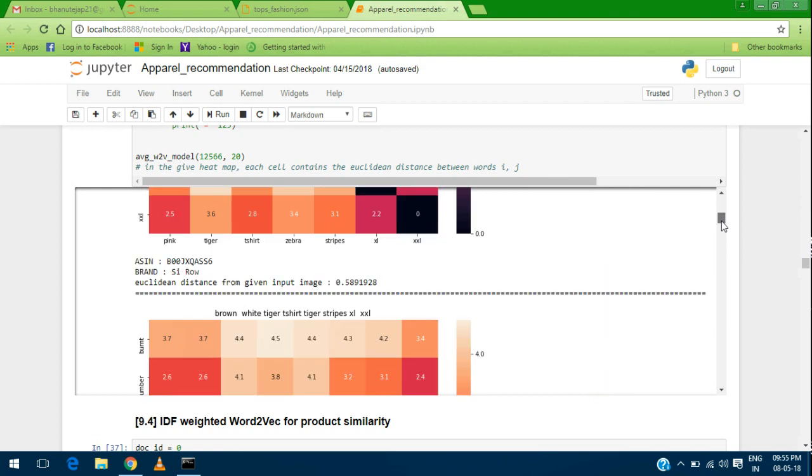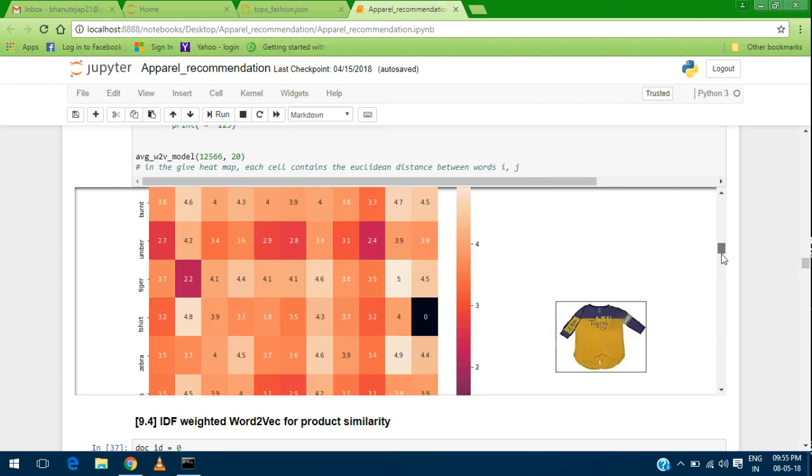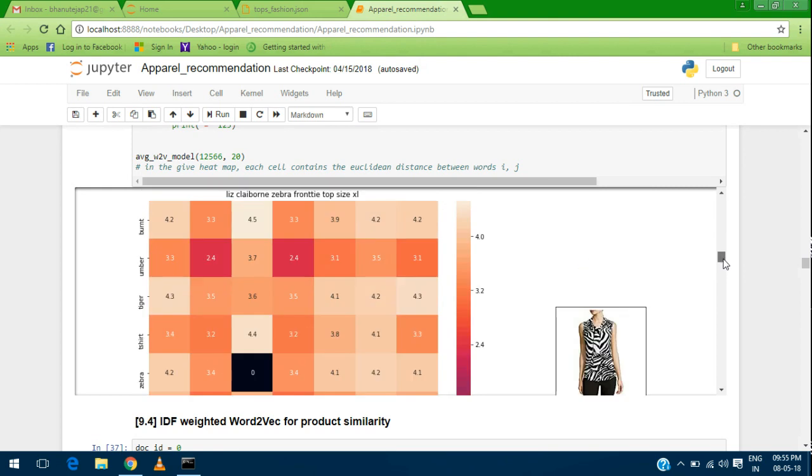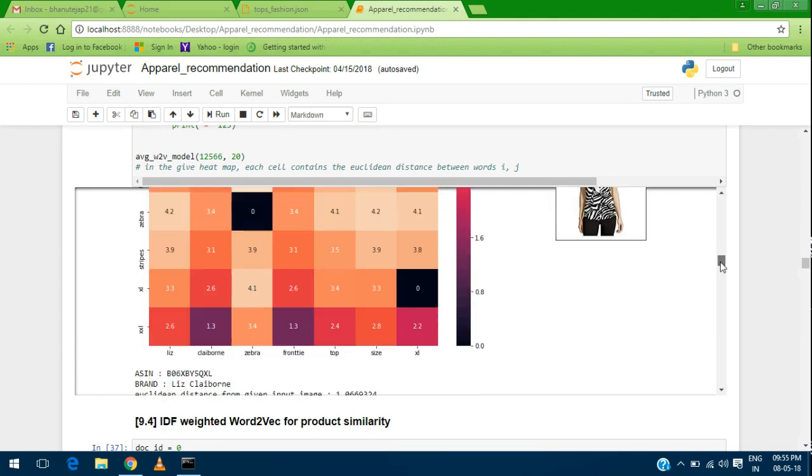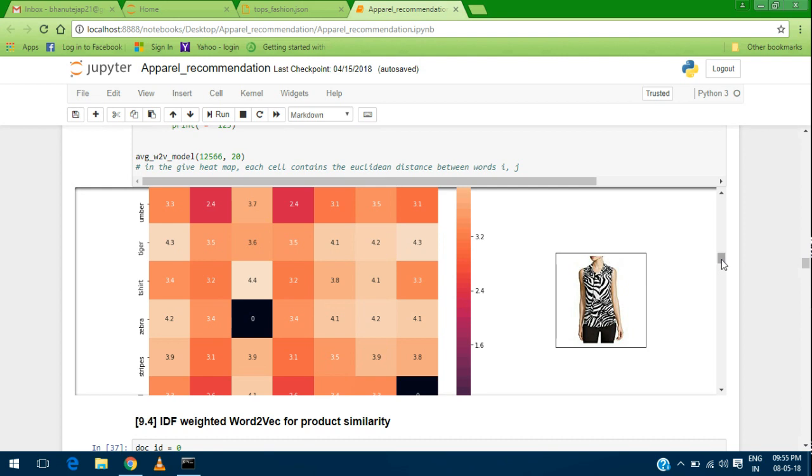Though this has already appeared, these have also already appeared. I guess we didn't see this particular product in the previous three models. This has appeared only because we have the word zebra here, and in our query title we have the words stripes and also zebra.